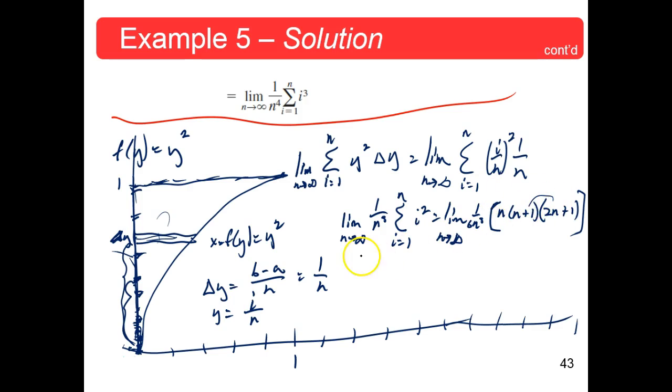These two multiplied together, so this will be the limit as n approaches infinity of 1 over 6n squared times n times, that would be 2n squared when you do the first term, plus 2n plus n, that would be plus 3n, and then you've got a plus 1.